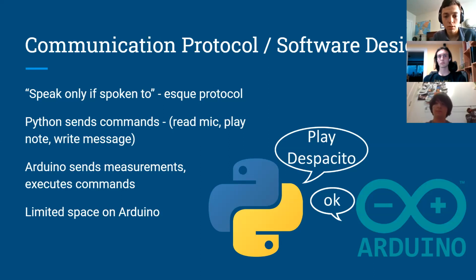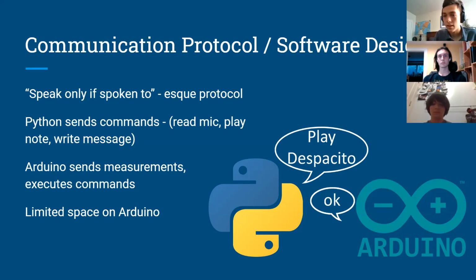And the Arduino, upon hearing this, would take a measurement, execute a command, and then send back either a handshake, just to acknowledge that it received a command, or it would send back data such as that from the microphone. When devising this, we had to account for there being very limited data storage space on the Arduino.